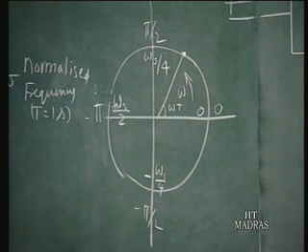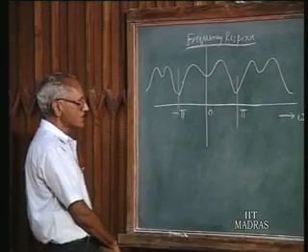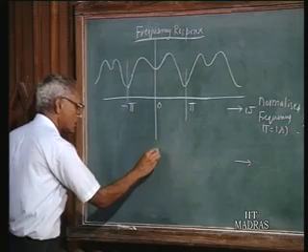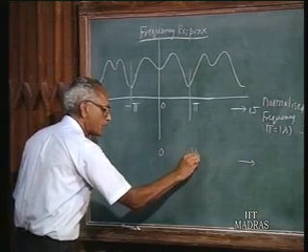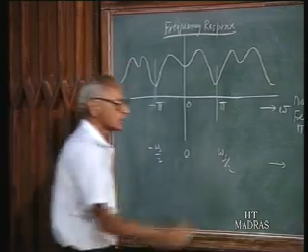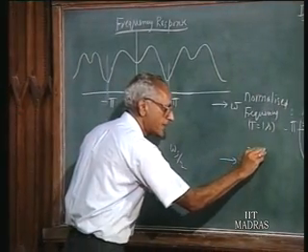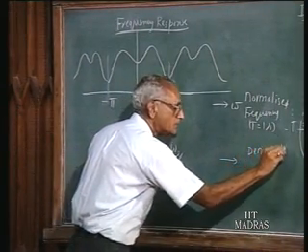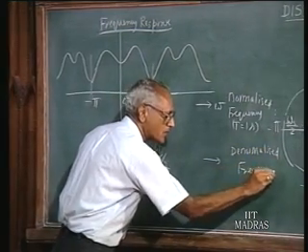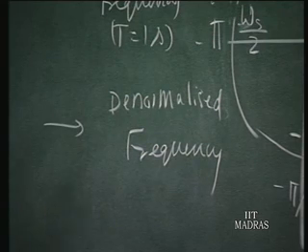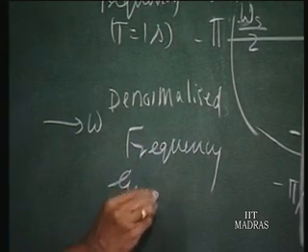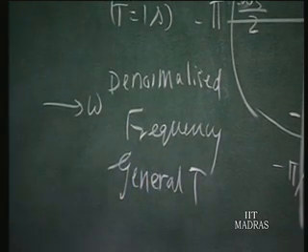In terms of actual frequencies, this will be 0, this will be ωs upon 2, this will be minus ωs upon 2. We can say denormalized frequency. So, if you do not normalize it and consider this ω in the raw form, for general T, then this would be how it is.